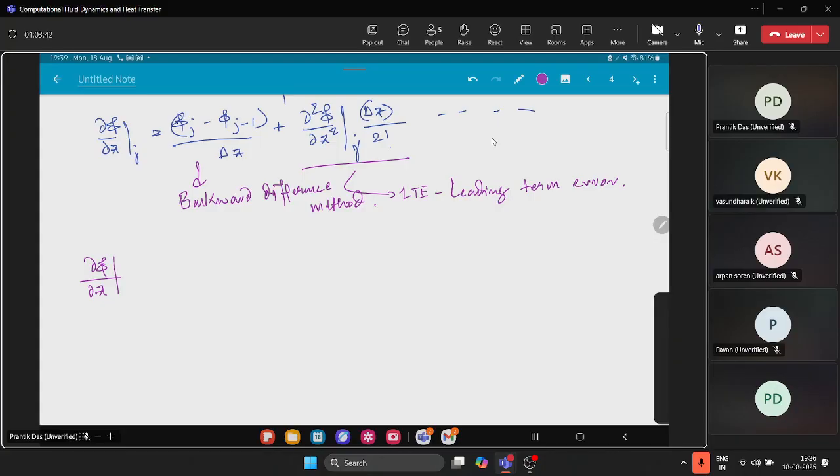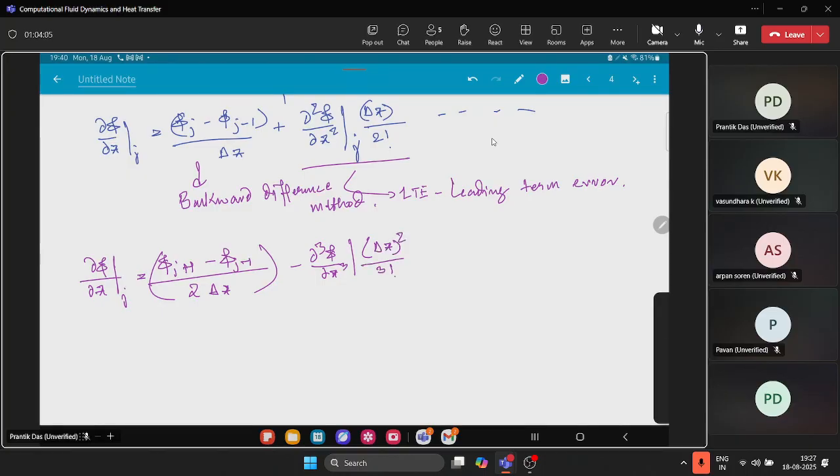From there, you can find that dphi/dx at j equals phi j plus 1 minus phi j minus 1 divided by 2 delta x, minus d cube phi/dx cube times delta x squared divided by 3 factorial.